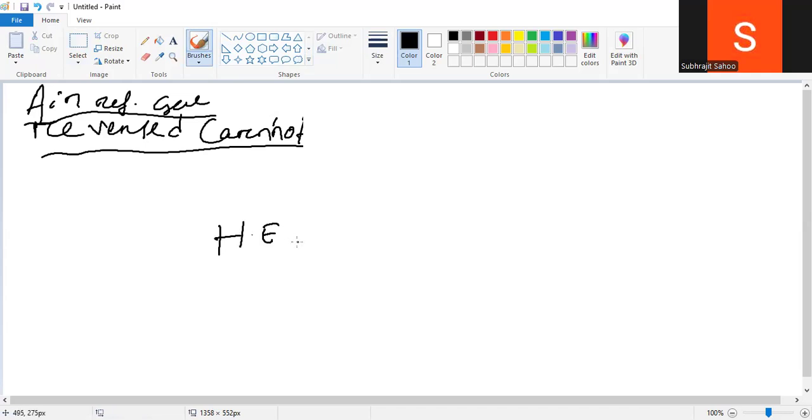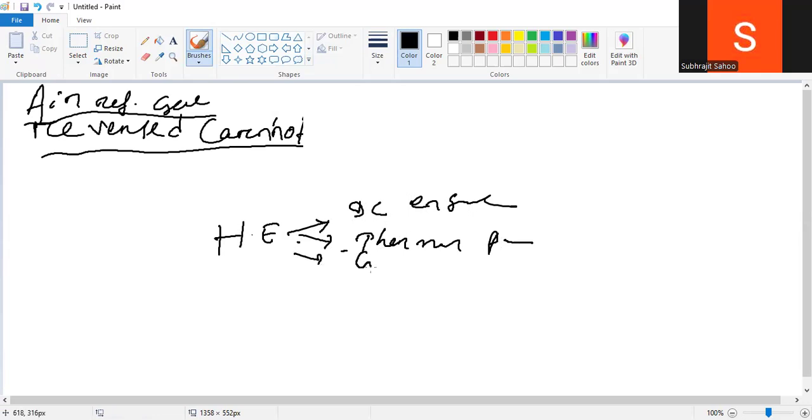In heat engines, meaning IC engines, an IC engine is a heat engine. Then thermal power plants, gas turbine power plants. All of these work on the principle of the Carnot cycle, not the reversed Carnot cycle.